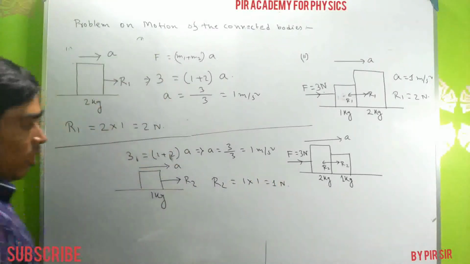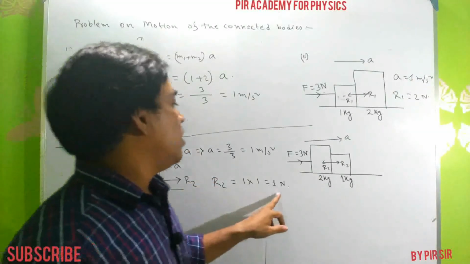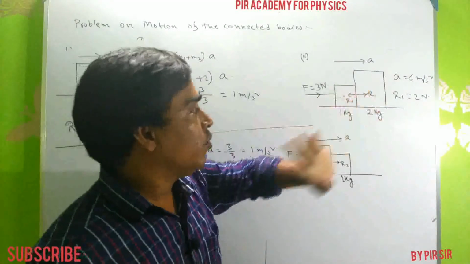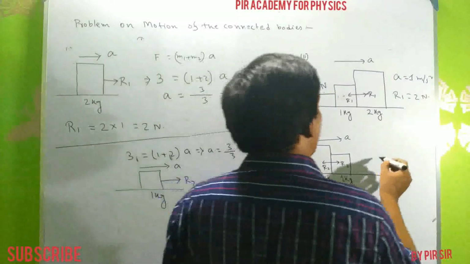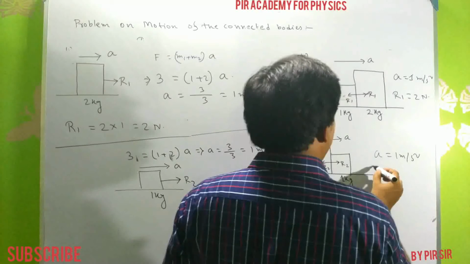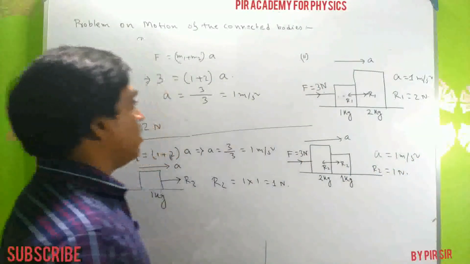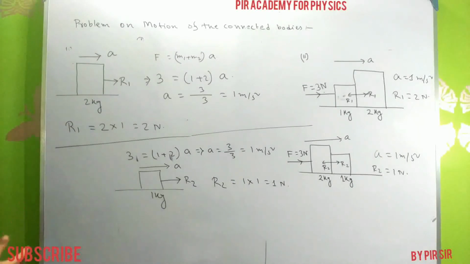Here the contact force is reduced to 1 newton. Here is 1 newton and here is 2 newtons. That means A equals 1 meter per second square and R2 equals 1 newton. This is the problem related to the motion of connected bodies.